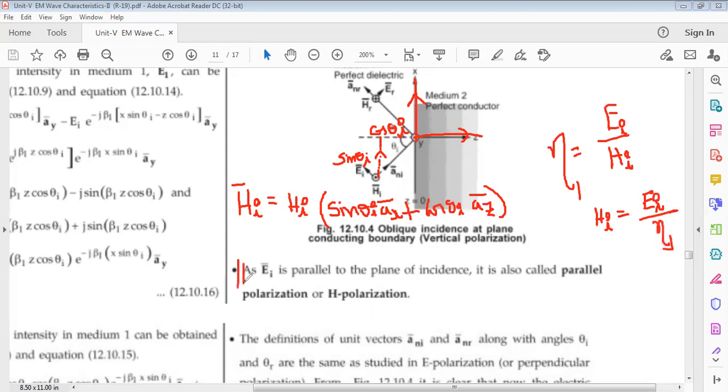Substitute here: Hi bar is equal to Ei by eta 1 into sin theta i ax bar plus cos theta i into az bar. Got it, my students? Similarly, you can find the reflection also. Let us see whether the equation we wrote is right or wrong.